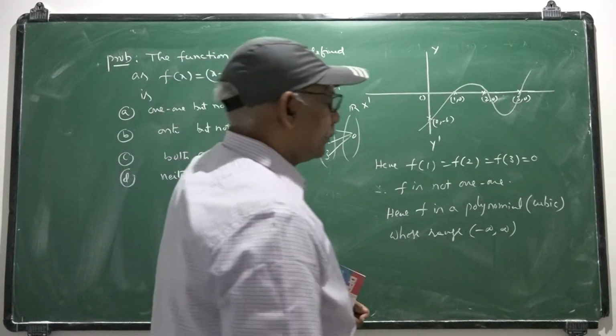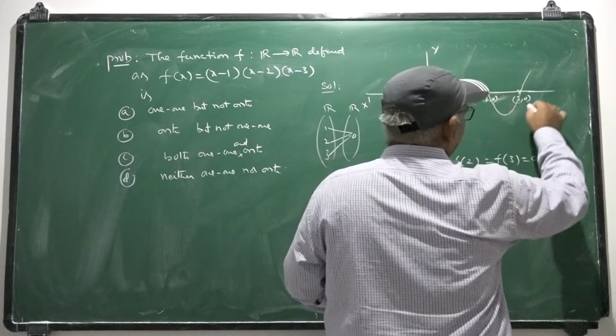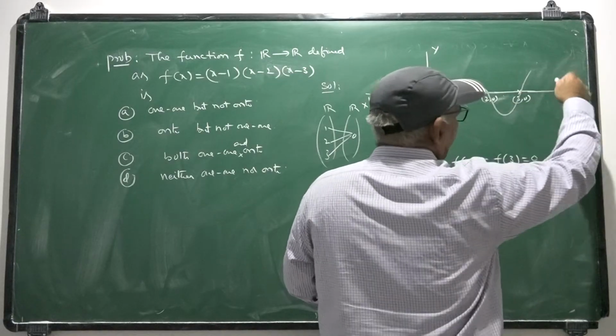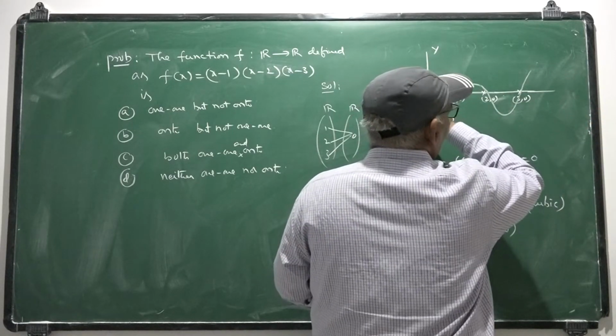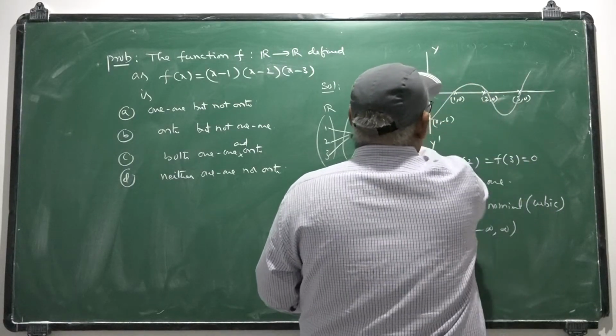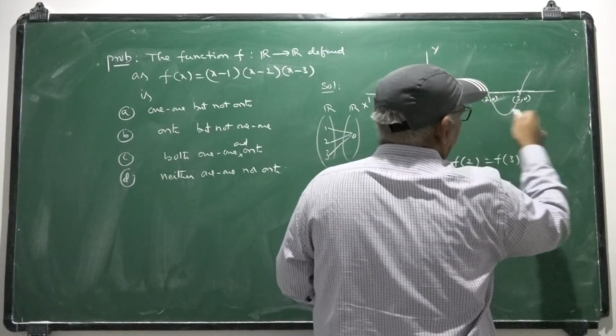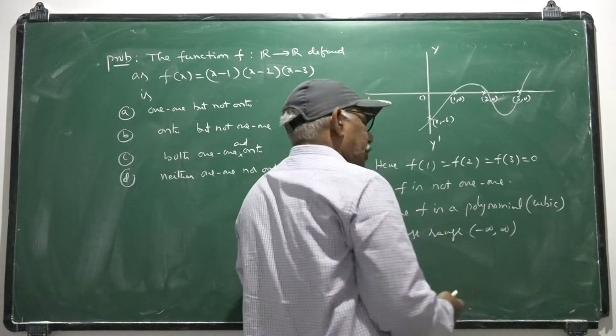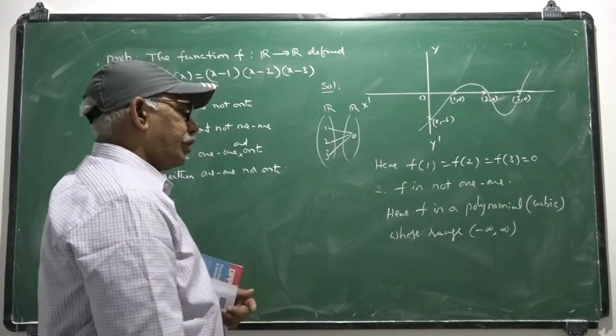The graph is smooth enough, it takes all the values, and moreover it is continuous with no breaks at all. It varies from minus infinity to plus infinity.